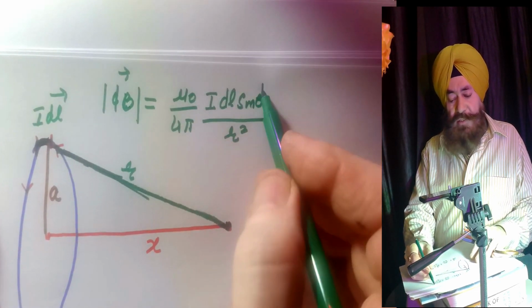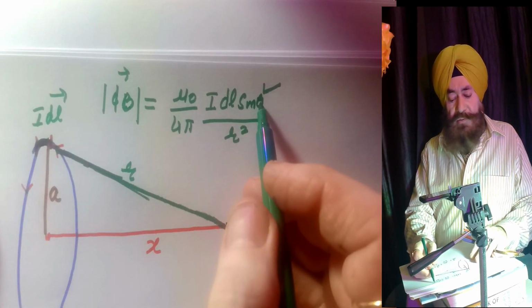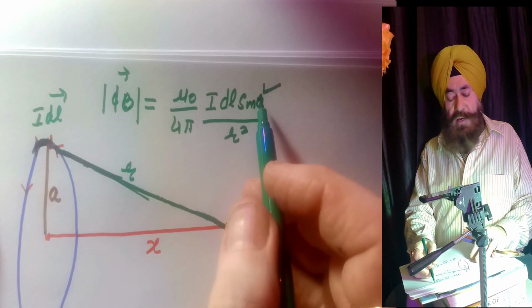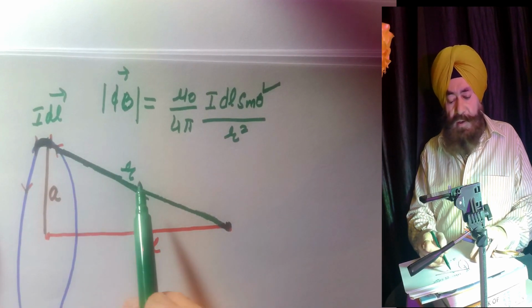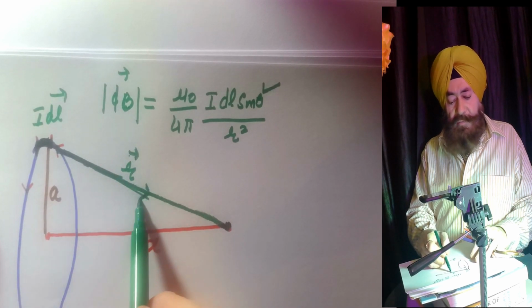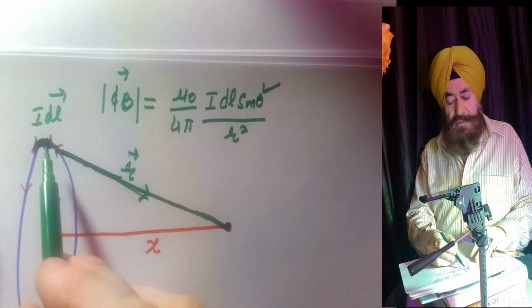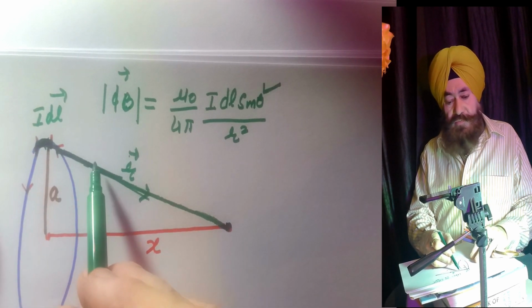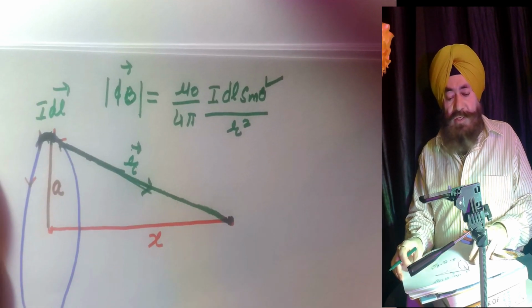Now what is sine theta? Theta is the angle between dl and the r vector. But the problem is, what is this angle between I dl and r? It is not clear because this picture is two-dimensional.